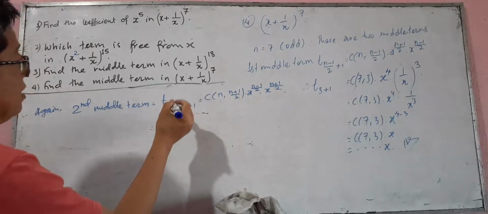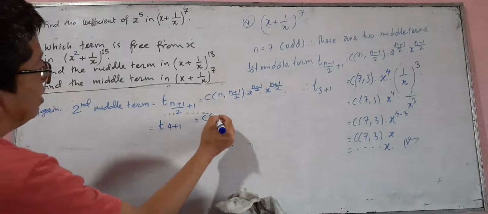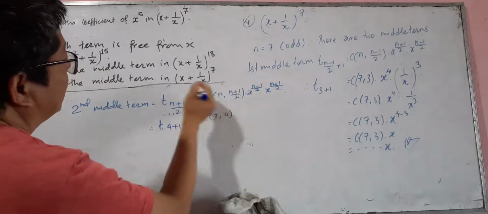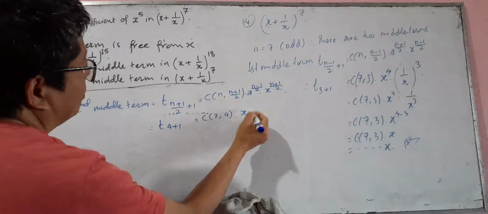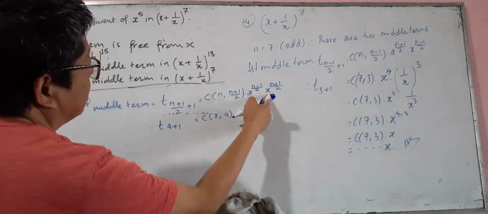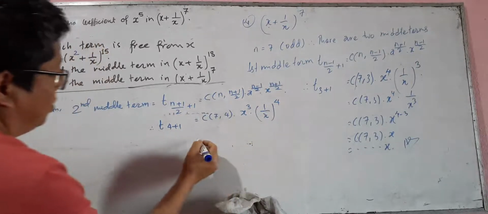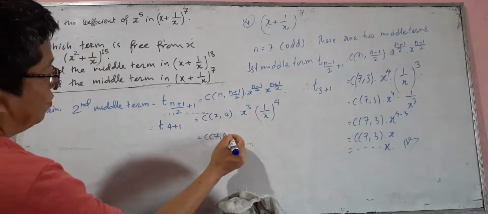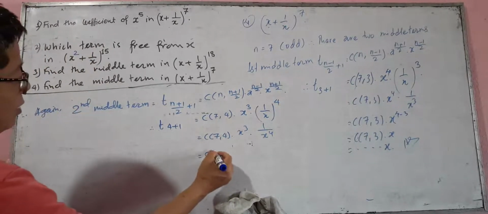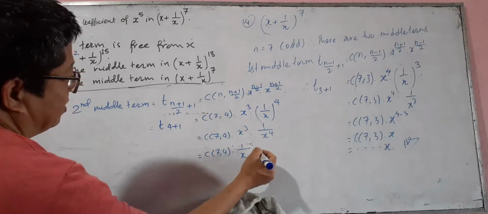So T(7 plus 1 by 2 plus 1), that is 4 plus 1, and this is equal to C(7, 4) times a, the first term, that is x, to the power 7 minus 1 by 2, that is cube, and the second term is 1 by x, so (1 by x) whole power 4, and this equals C(7, 4) times x cubed into 1 by x to the power 4, and this equals C(7, 4) times 1 by x.